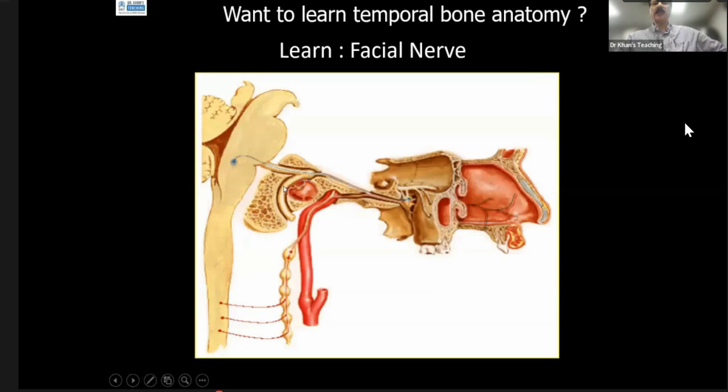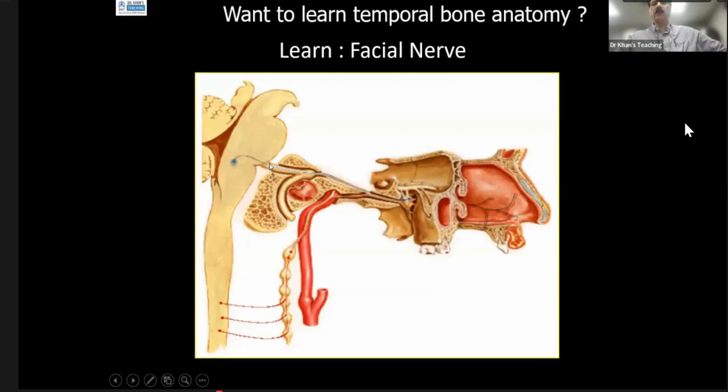This is the tympanic portion, and this is also known as the anterior genu. And as it passes through, somewhere here is the posterior genu, and then it passes vertically down. This is known as the mastoid portion.